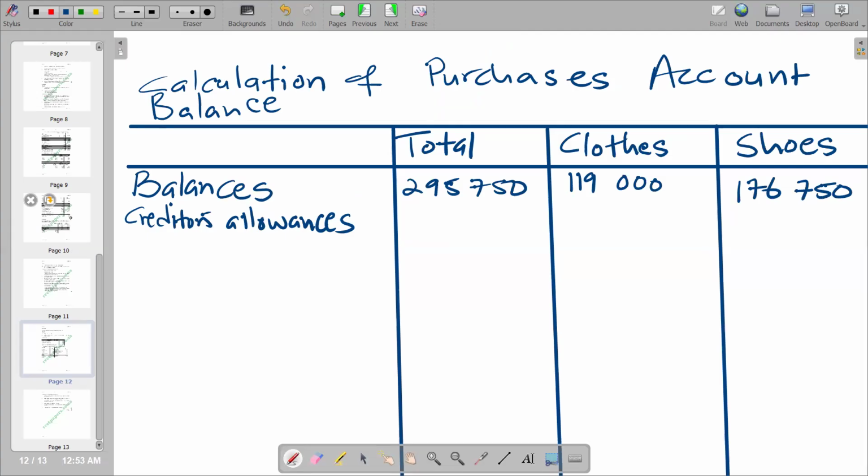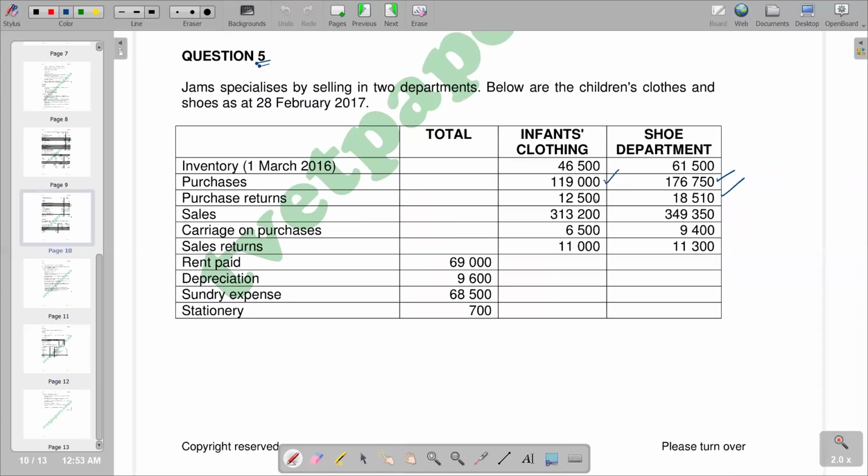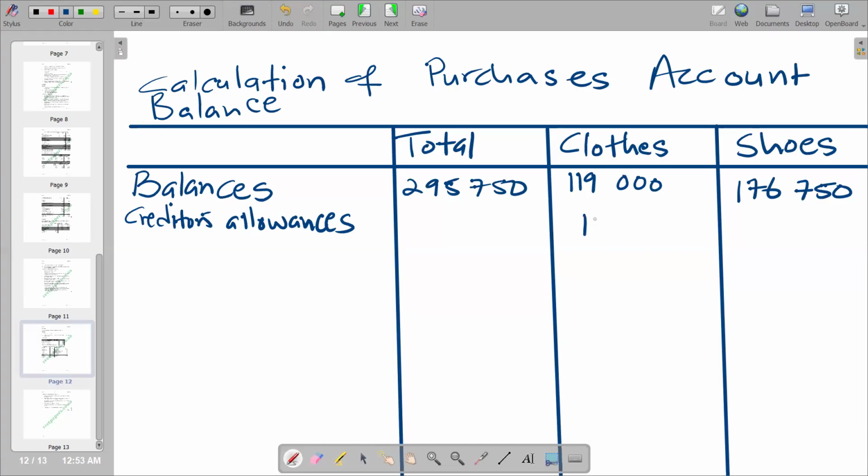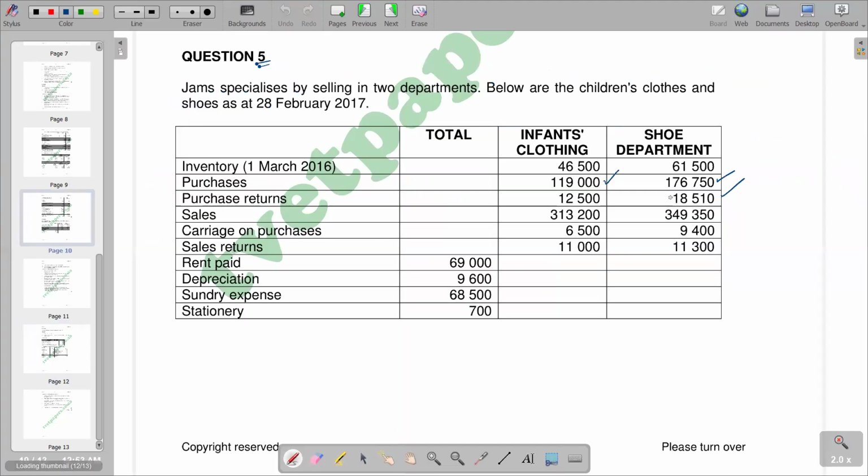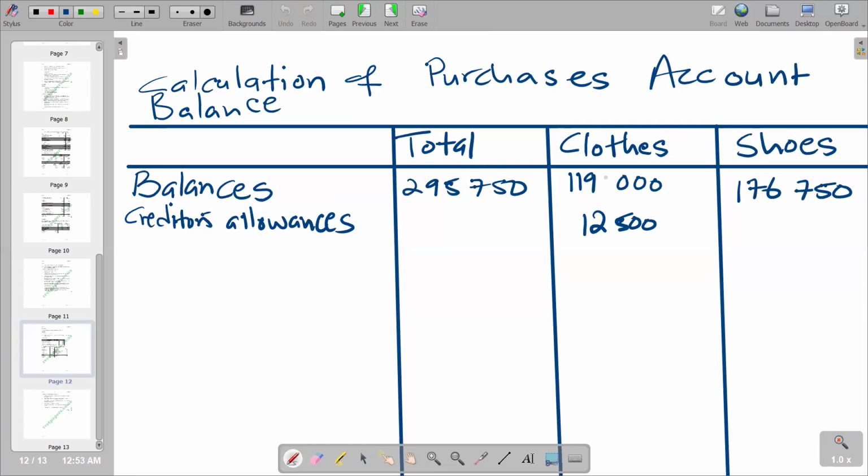So we have 12,500 for infants clothing purchase returns, and then for shoes, we've got 18,510. Remember, they reduce the figure for purchases, so we're going to show them as negatives.